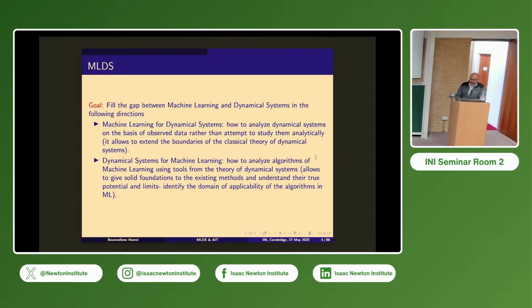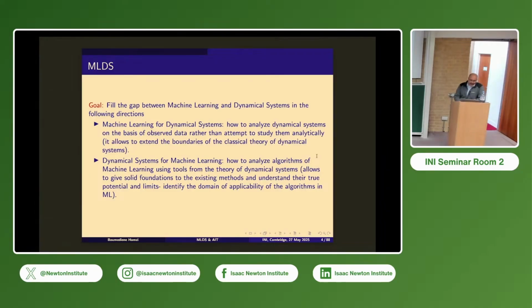Here we are interested not only in prediction, but also in the qualitative behavior of dynamical systems. This would allow us to extend the boundaries of the classical theory of dynamical systems and go beyond model-based analysis.